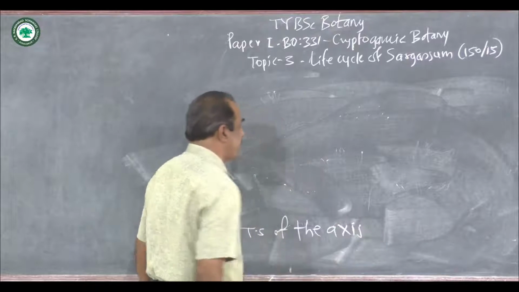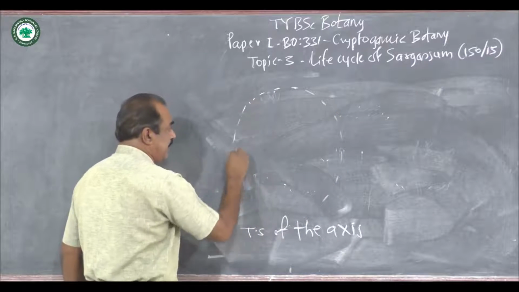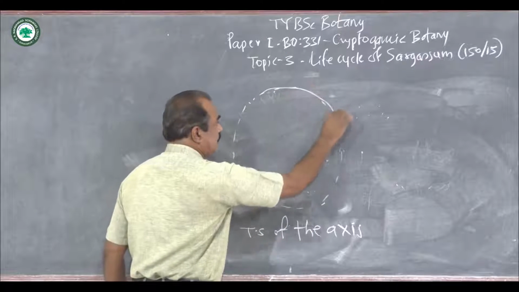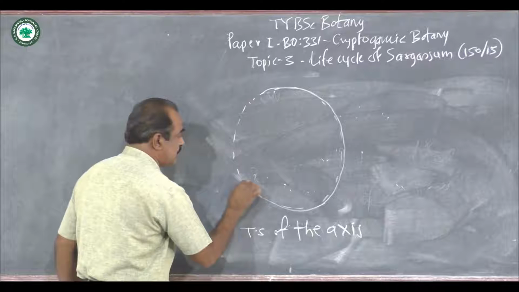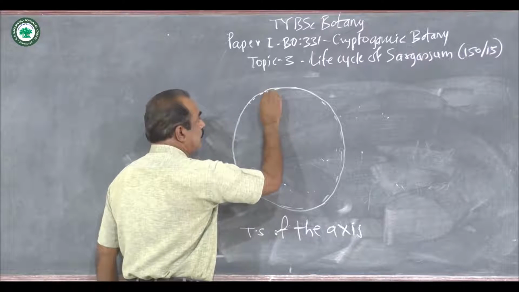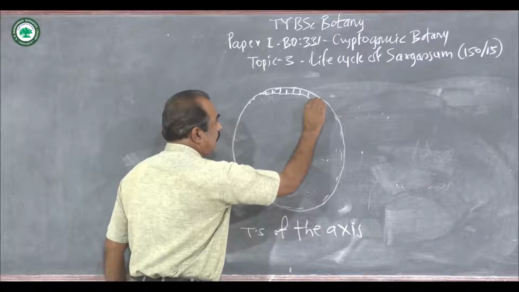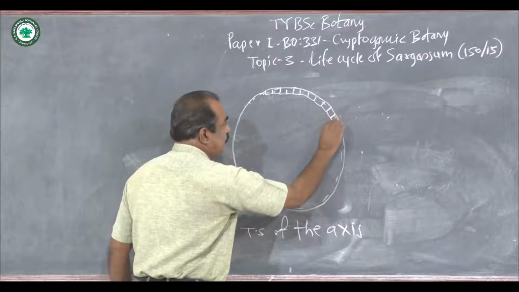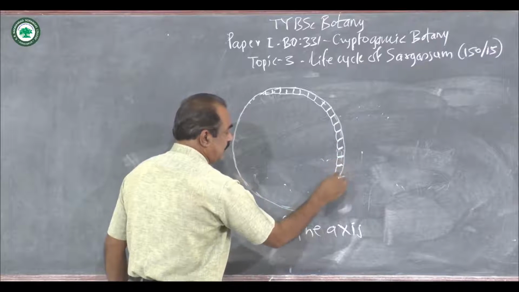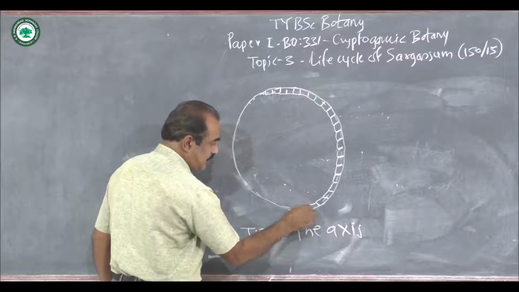It is somewhat circular in outline. Sometimes it is flat also, it is according to the species. Externally it is covered by the mucilaginous cuticle. The outermost layer is called as the meristoderm. It is photosynthetic in nature. The cells are columnar.